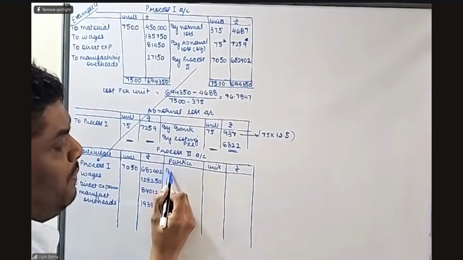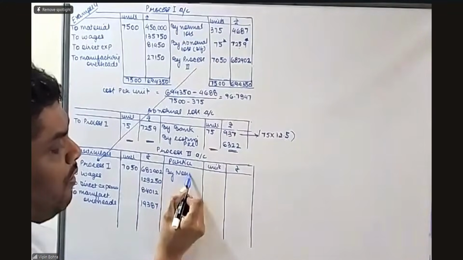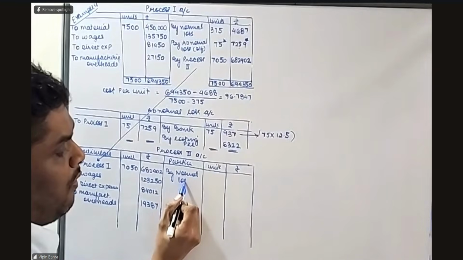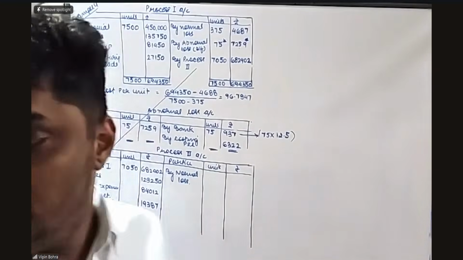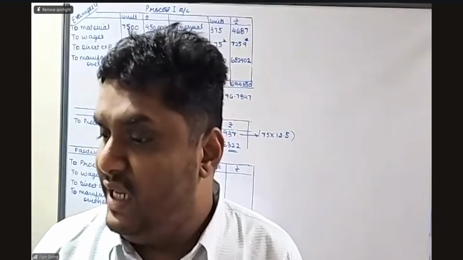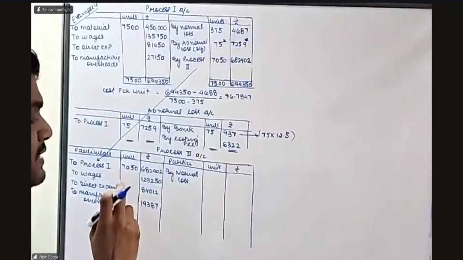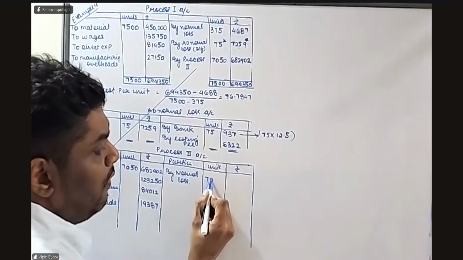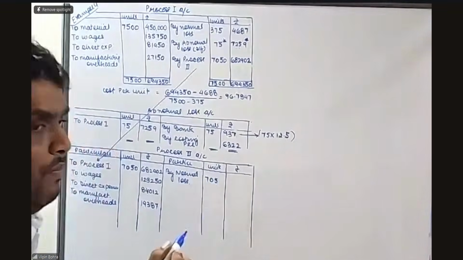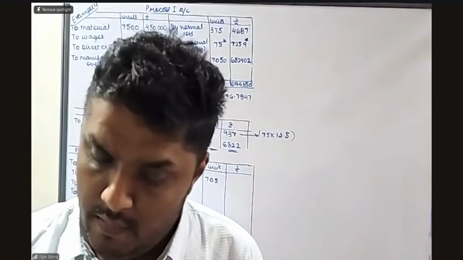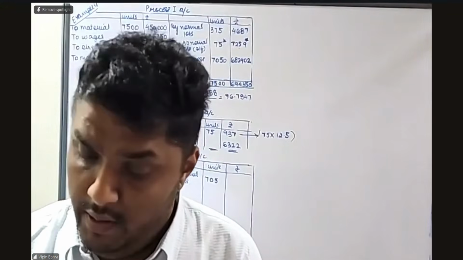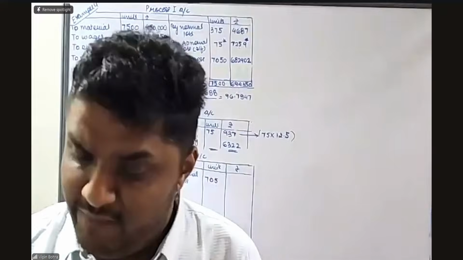Now let's write normal loss. Normal loss is 10% of input, 705, into 37.5.